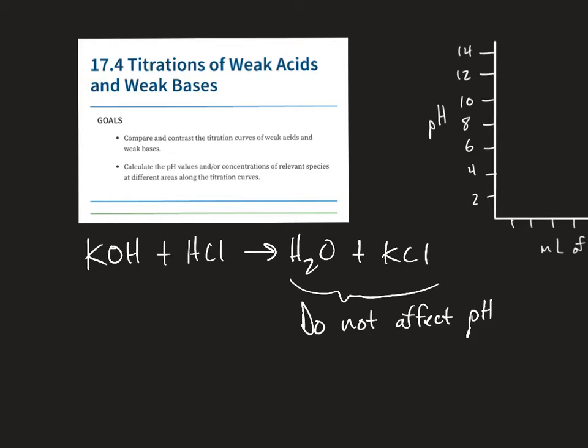If you try to titrate them together with unequal amounts, let's say 2.0 moles, and react it with 1 mole of this, this will react, and you're left over with 1 mole of this and 0 of this. And the pH is determined by that excess OH minus.